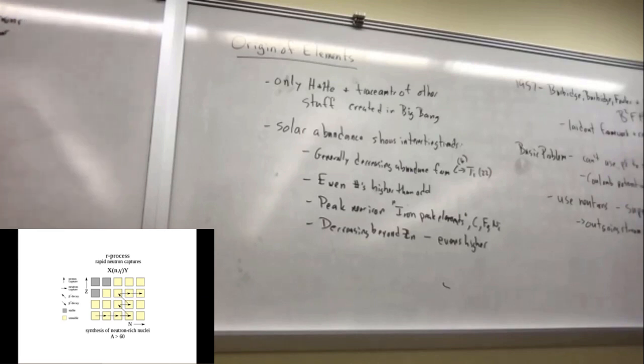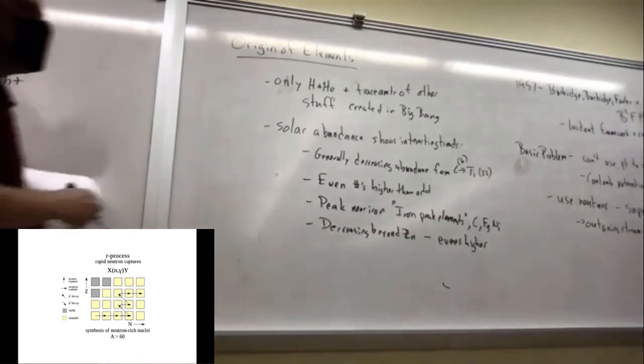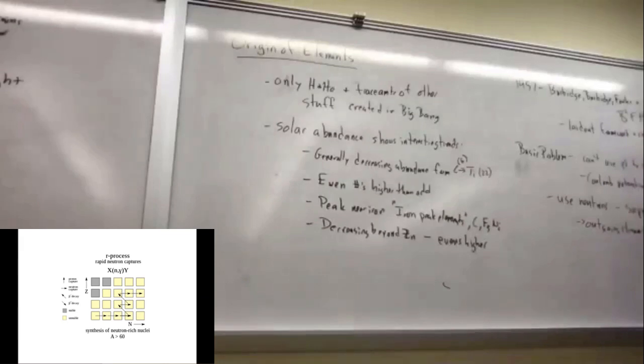With neutron capture we move to the right, which won't actually change the element that you're talking about, right? All of these are different isotopes of the same element because the number of protons, Z, sets the element that you're talking about.